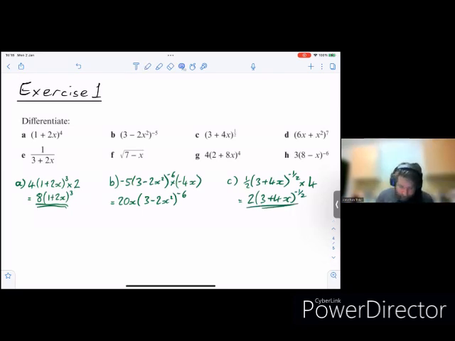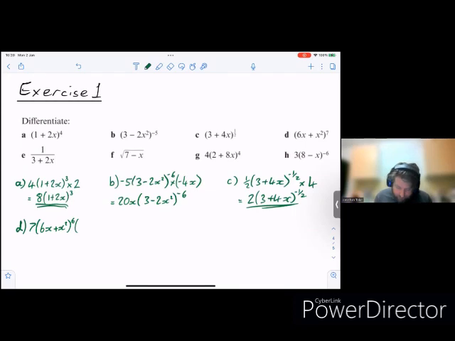So D is like x to the 7, so it becomes 7, 6x plus x squared to the 6. And we have to multiply it by the derivative of the bracket. This is the first example where we've actually got two terms when we differentiate the bracket. So because the whole of the derivative is being multiplied by what we have, we need another pair of brackets.